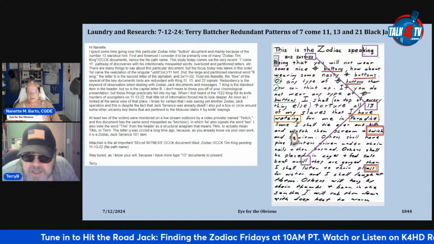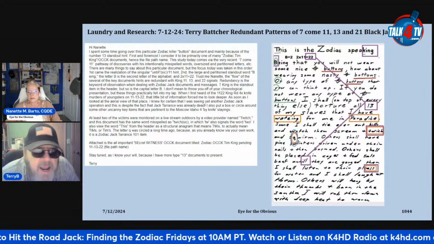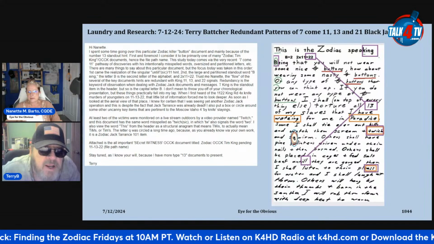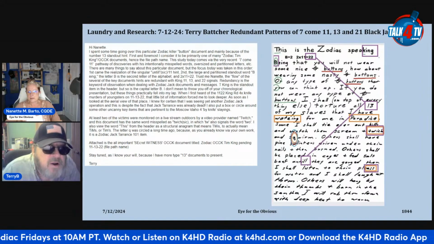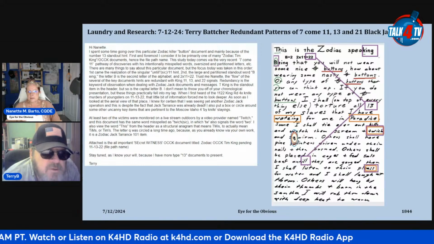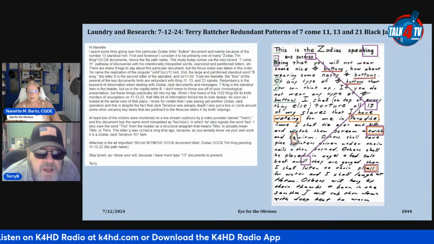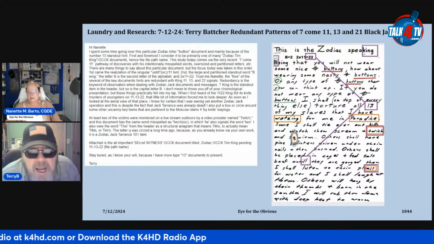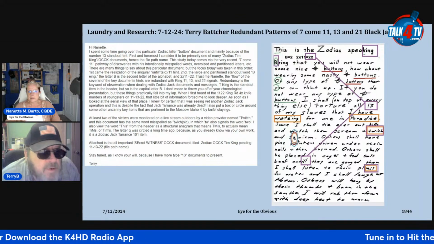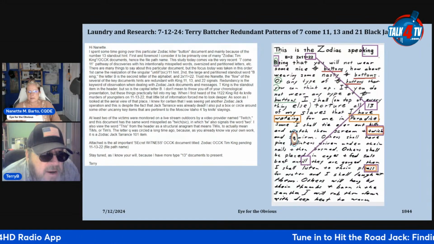So there's a lot of things we could say about this thing on the right-hand side. I'll try reading the message that I sent to you here. I spent some time going over this particular Zodiac Killer button document, mainly because of the number 13, standout hint.